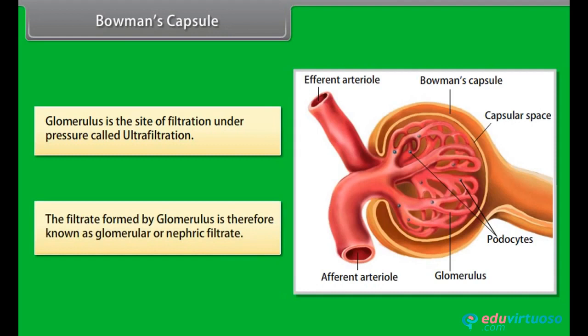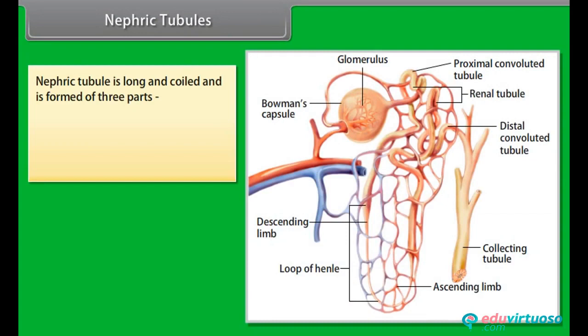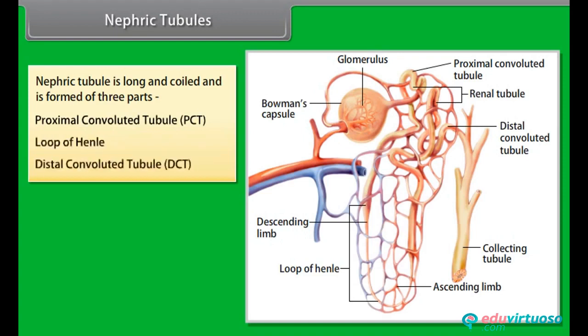The filtrate formed by glomerulus is therefore known as glomerular or nephric filtrate. Nephric tubules. Nephric tubule is long and coiled and is formed of three parts: proximal convoluted tubule PCT, loop of Henle, distal convoluted tubule DCT.